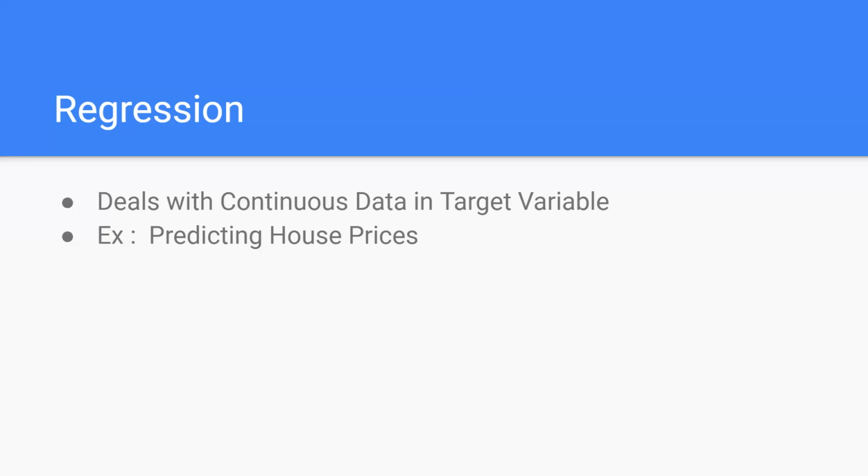For example, if you have a problem statement, in order to identify whether it is a regression problem or a classification problem, you have to look at the target variable first. For example, if I am your client and I ask you to build a model to predict house prices, the first point you have to look at is the prices variable in the data set that your client has provided.